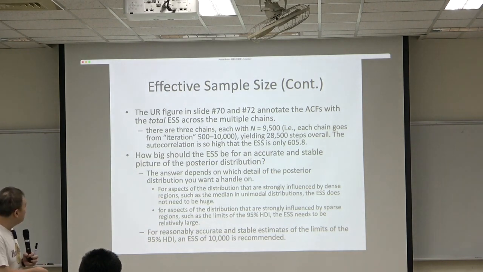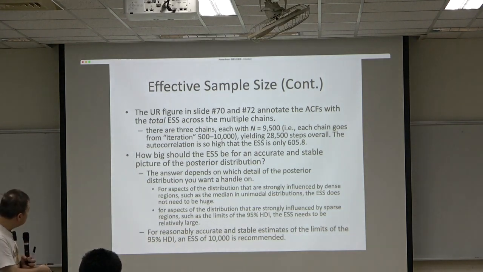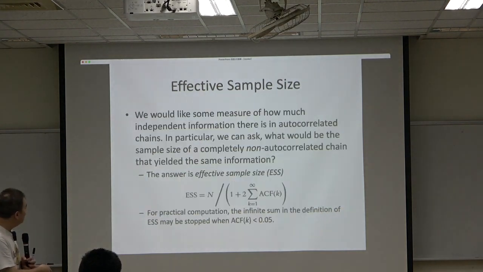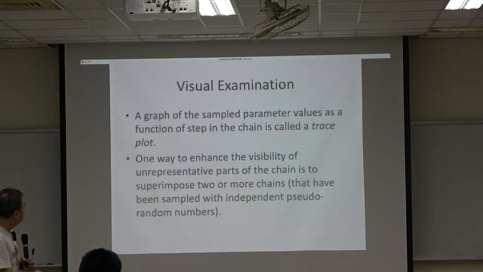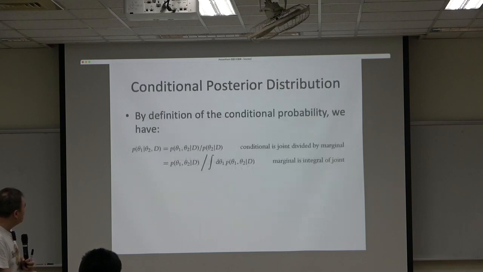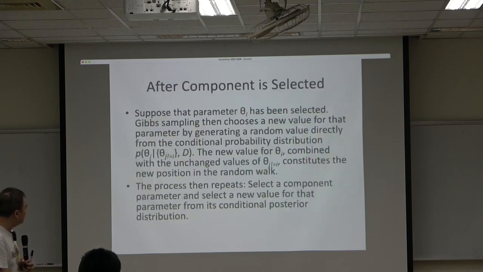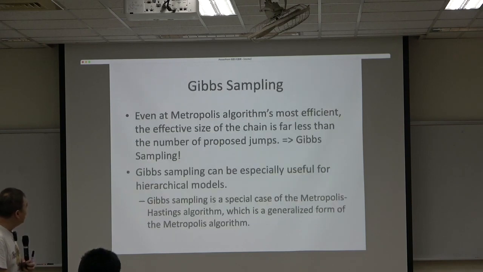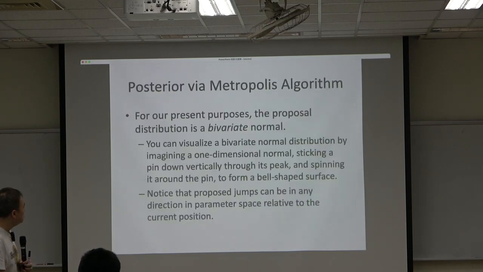For example, the Gibbs sampler. I don't think I will cover this one for this class, but I just want to point out there are some sampling techniques that may have such a problem.